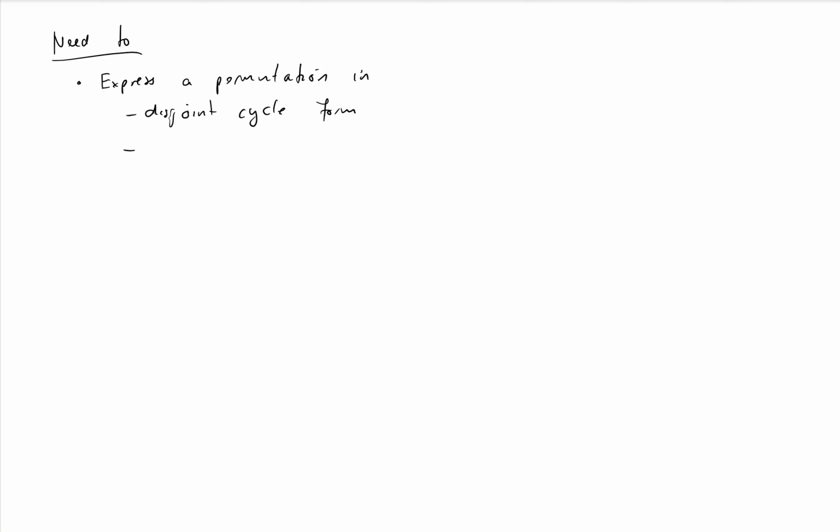You need to be able to express a permutation as a product of two cycles, and thereby classify it as even or odd, and you need to be able to convert between notations and compose things naturally. Convert between matrix or cycle notation.